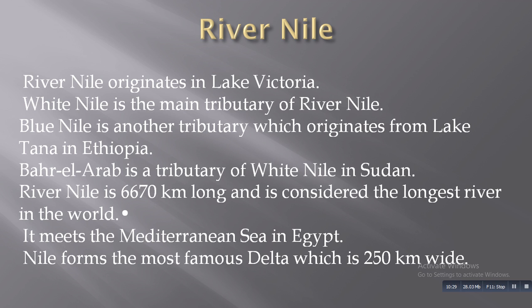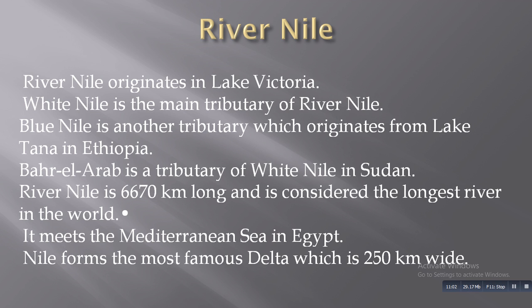The Blue Nile is another tributary which originates from Lake Tana in Ethiopia. Then Bahr el Arab is a tributary of White Nile in Sudan. River Nile is 6,670 km long and is considered the longest river in the world. It meets the Mediterranean Sea in Egypt.